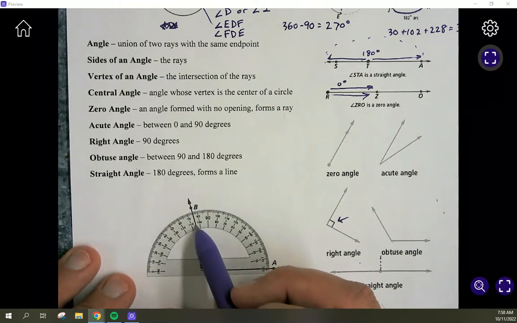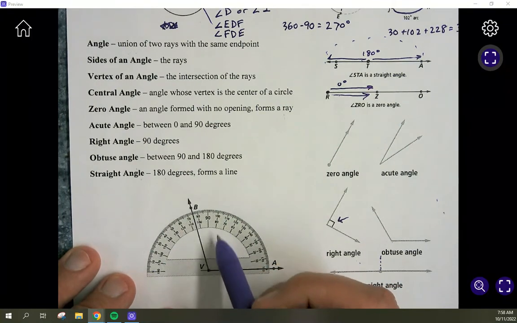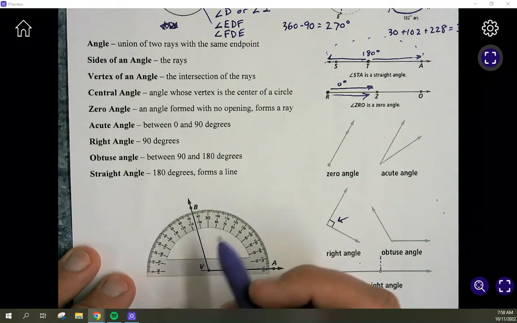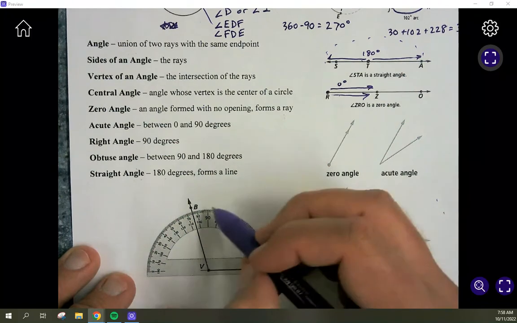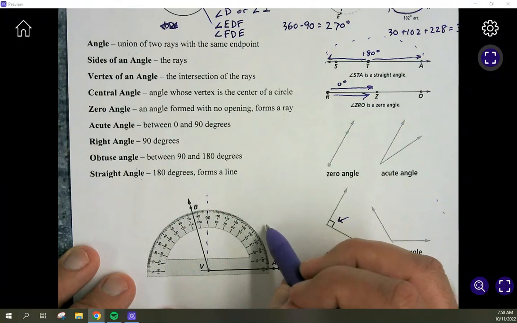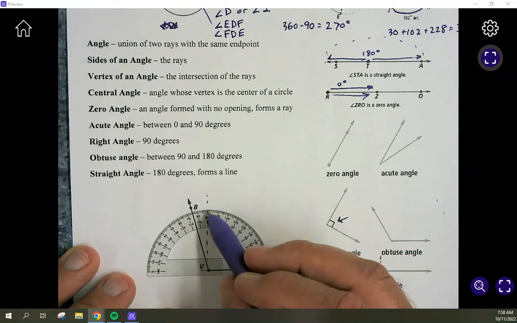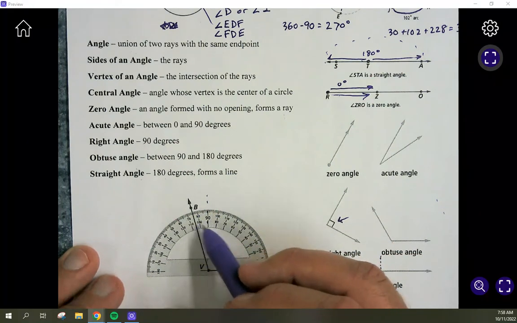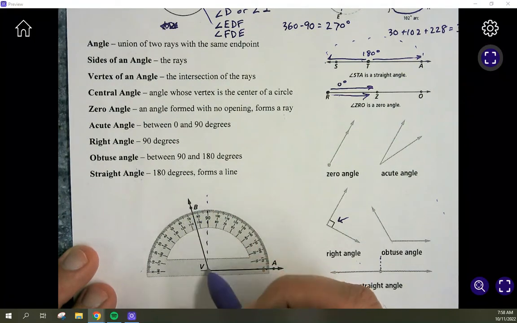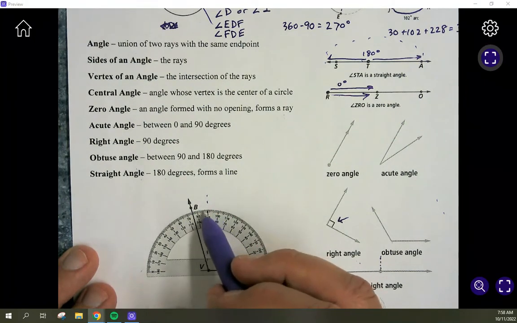Now, when you look at this protractor, I'm kind of between 70 and 80 or 110 and 100. So I kind of have two choices. So you have to think about what's going on here. Here's your 90. All of this would be less than 90, if I had an angle in here. So this is greater than 90. The reason there's two is because if I had an angle that was coming this way and I was reading it on the protractor, that would be less than 90.